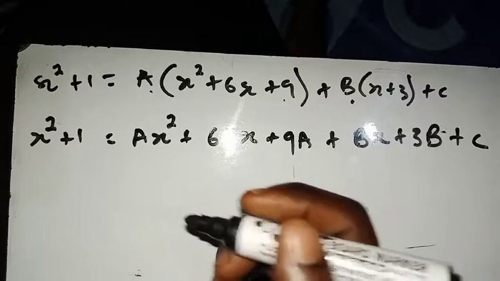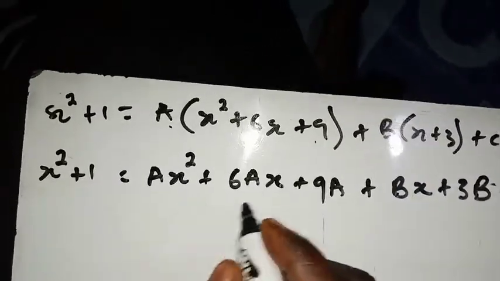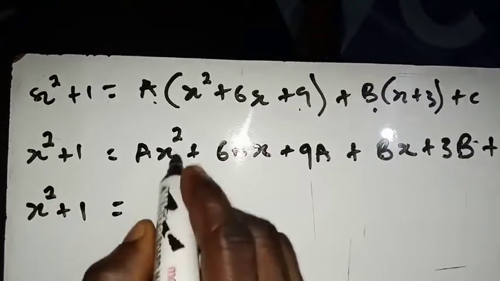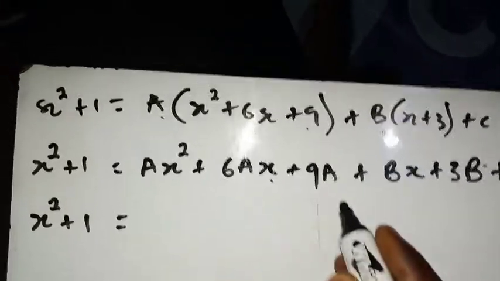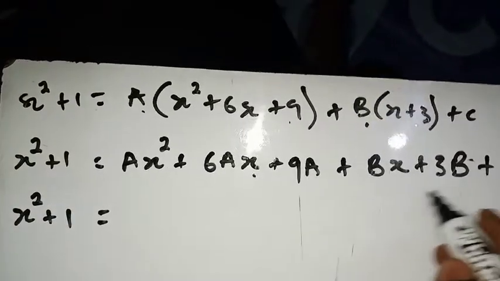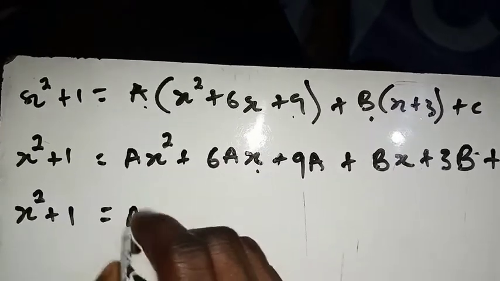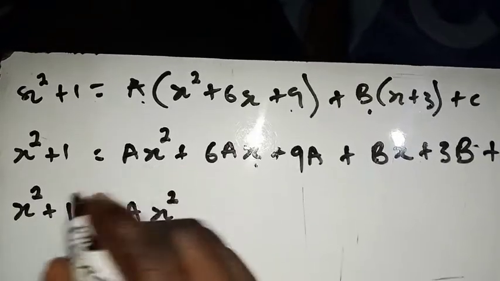So what are we going to do here? What we are going to do is that we are going to group siblings. So what I mean by the siblings here is that those that are x squared should go on one side, those that are carrying the x will also be on one side, and then finally those without the x will also be on one side. So here you can see that only this guy has the x squared, right? So here you are from different family.